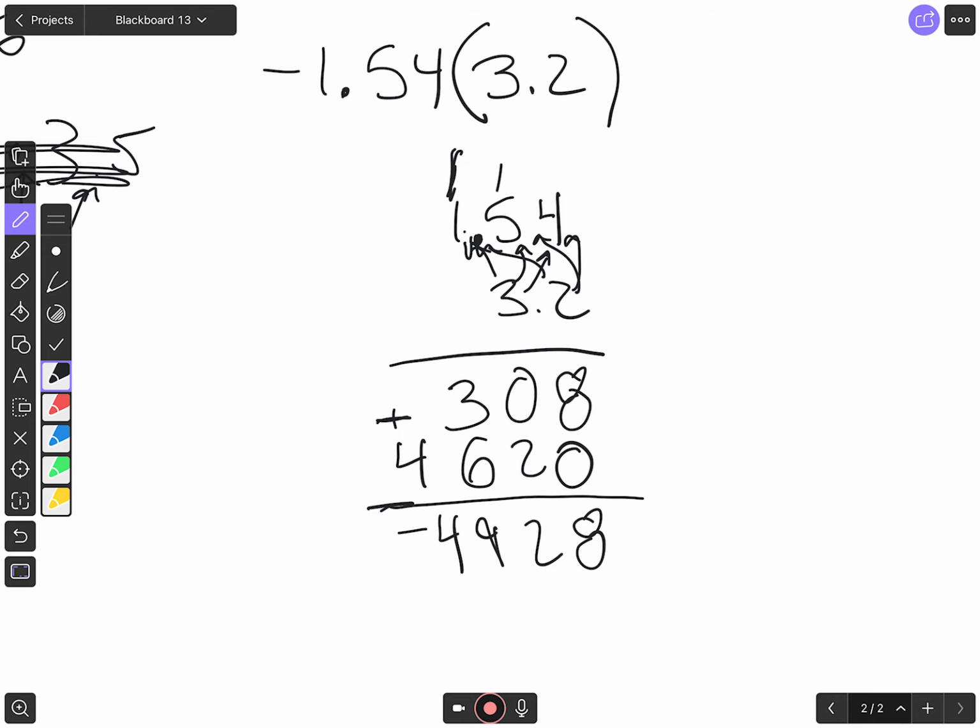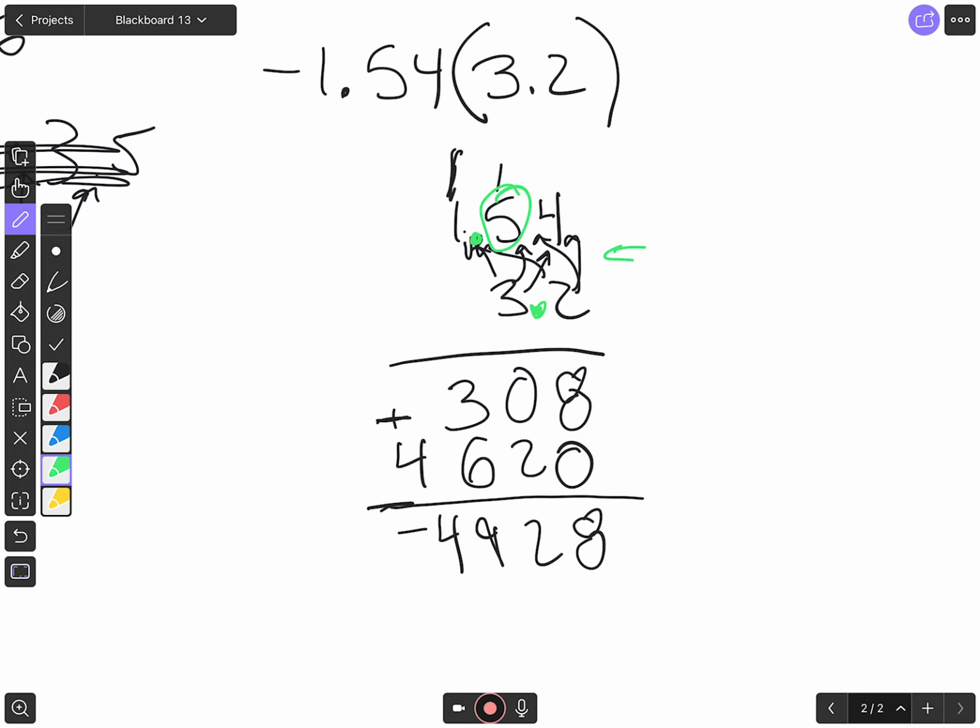Okay, now do I have negative 4,928? Do I have negative 492.8? Do I have negative 49.28? Do I have negative 4.928? Oh yeah, I've got to go back to my original. I've got a lot of gobbledygook in here because I was showing you. But remember, here's the decimals, and then I'm going to count.